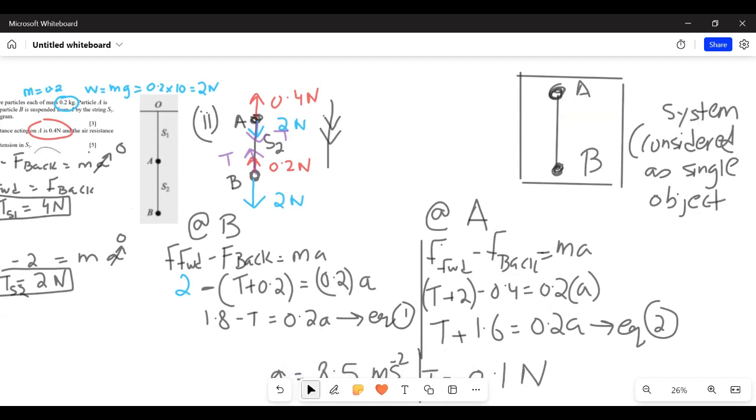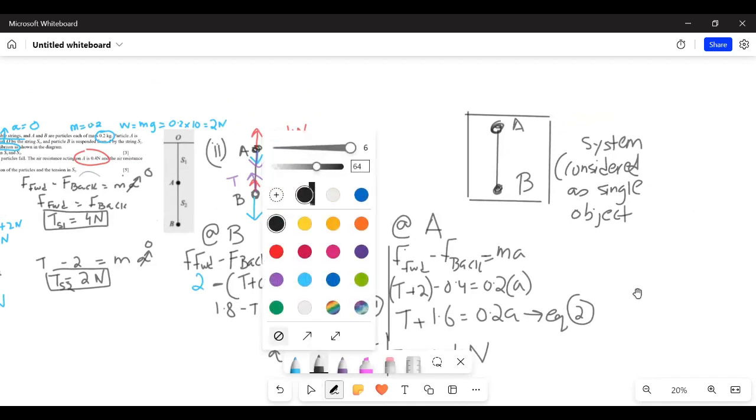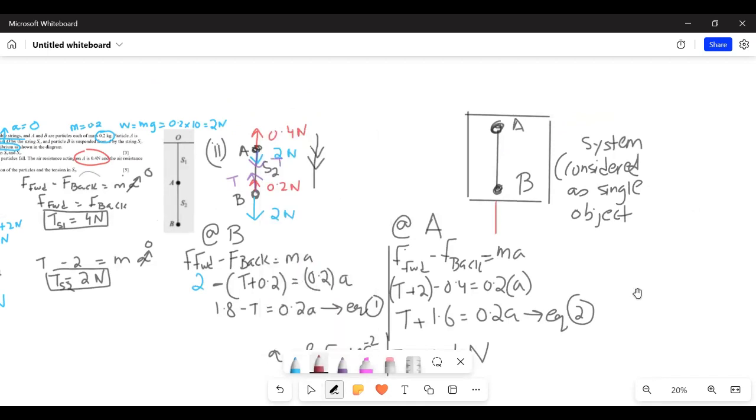अब इसमें टोटल डाउनवर्ड वेट कितना है, टोटल इस सिस्टम का? दोनों पार्टिकल्स को मिला के डाउनवर्ड वेट कितना?